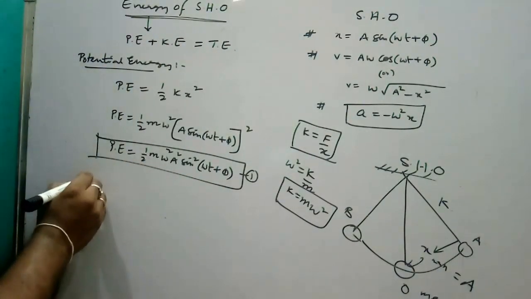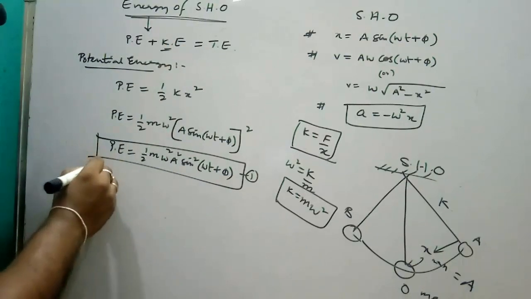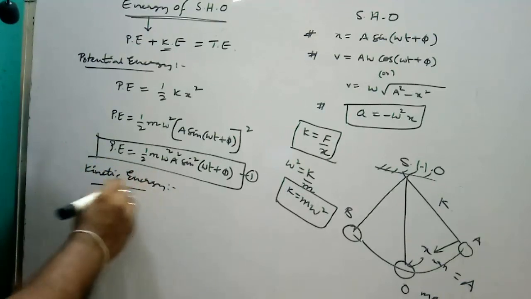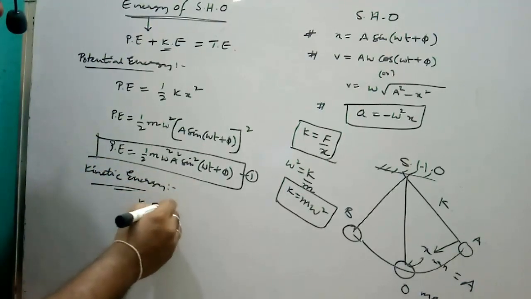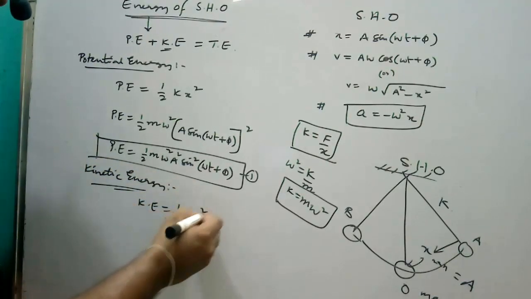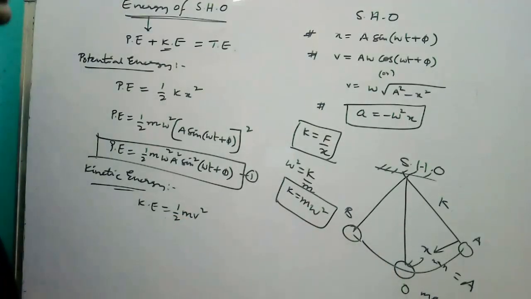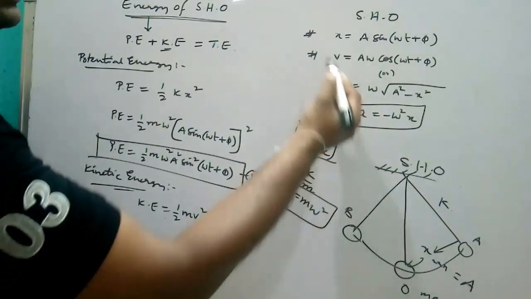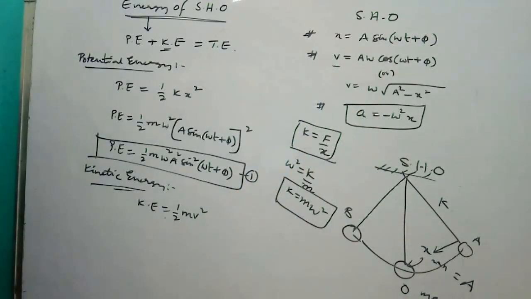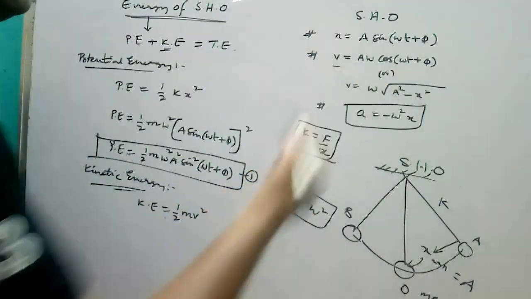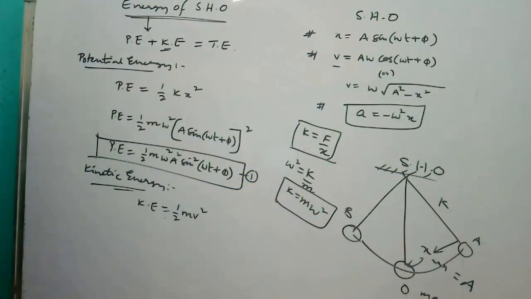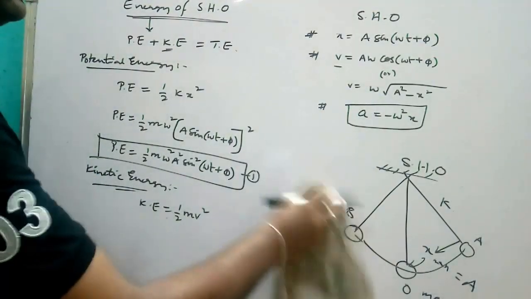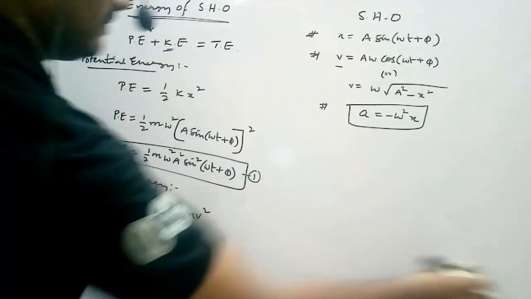Next, we calculate the kinetic energy. What is the kinetic energy formula? Half m v square. What is v here? V means the velocity of this oscillator. We already deduced the velocity of the simple harmonic oscillator: a omega cos of omega t plus phi. We substitute the v value in this equation.